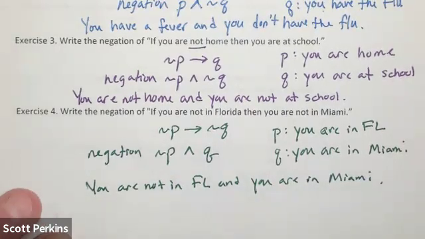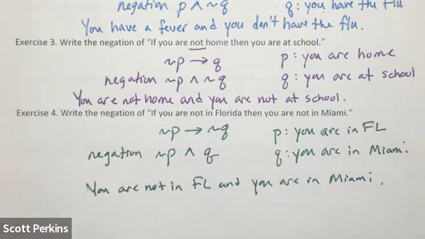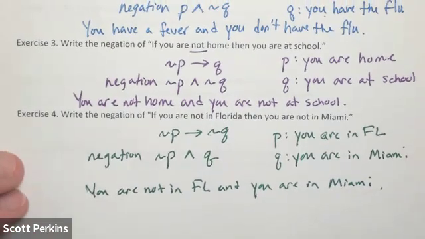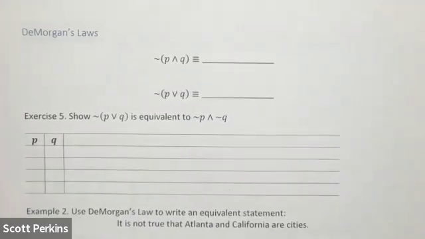Perfect. All right, we're going to flip the page. We're going to look at one more equivalence. So that is the negation of a conditional statement and what it is equivalent to. So here we go. This last one is one of the more famous ones. One of the original developers of the field of mathematical logic was a man whose last name was DeMorgan.